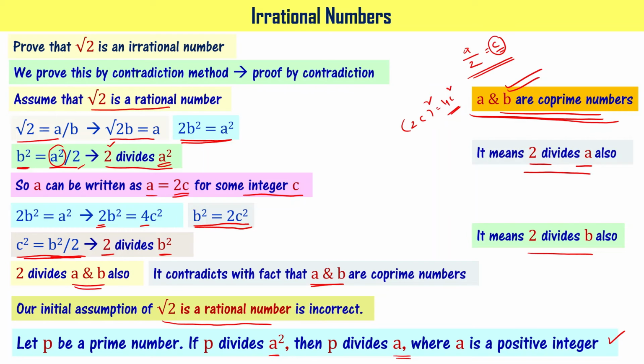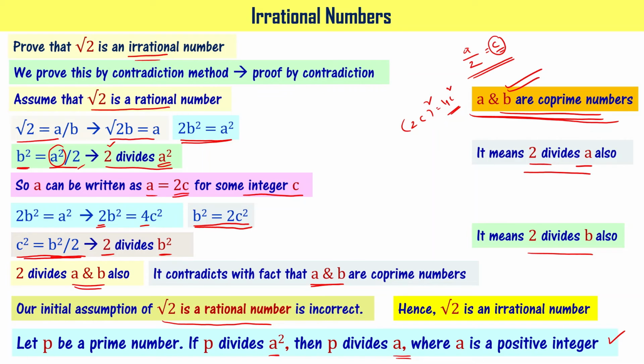If root 2 is not a rational number, then what it can be? It is going to be an irrational number, right? Let's write that. Hence, we can say that root 2 is an irrational number. You got it? We initially started with proof by contradiction method.